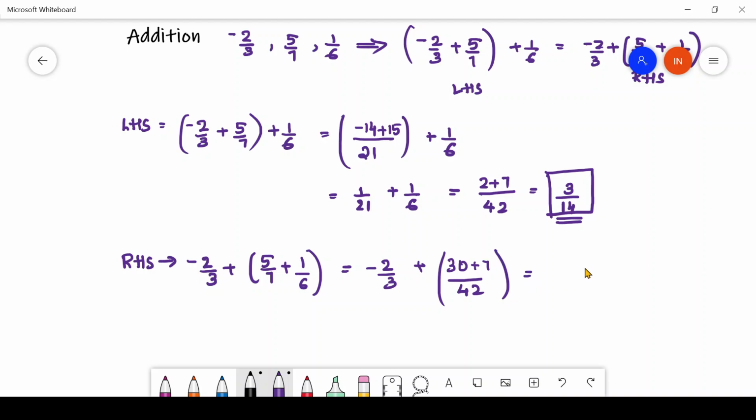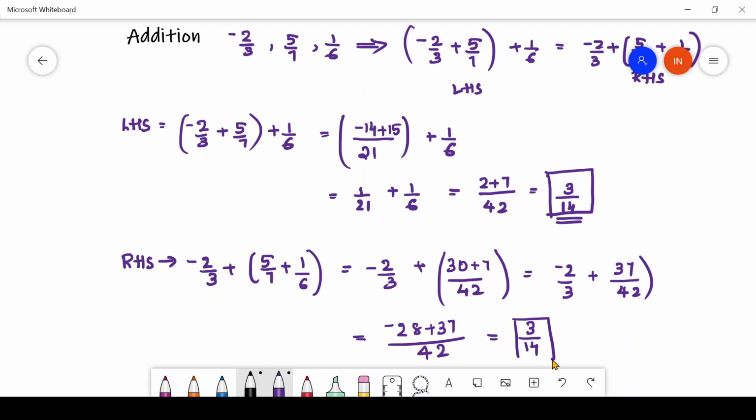So this will be equal to negative 2 by 3 plus, whatever is inside the bracket, that is 37 by 42. After solving this, you will get negative 28 plus 37. What is the LCM we got? That is 42. Very good. That is equal to 3 by 14.